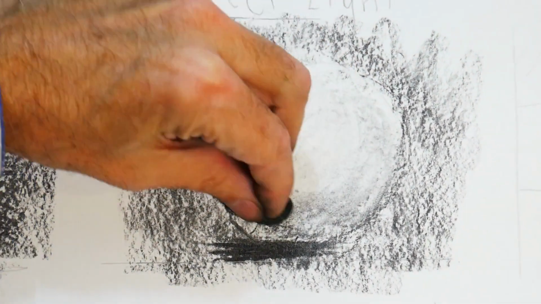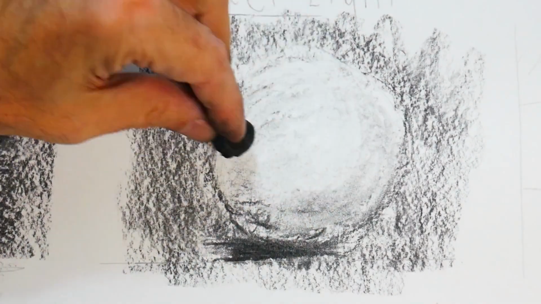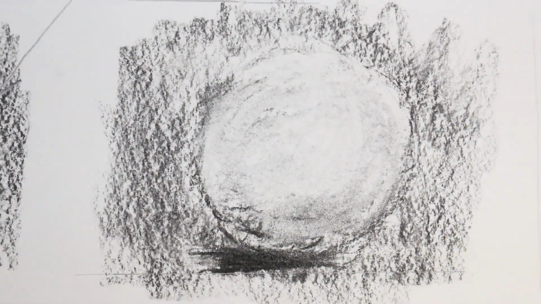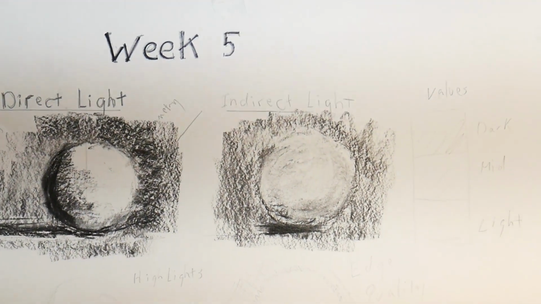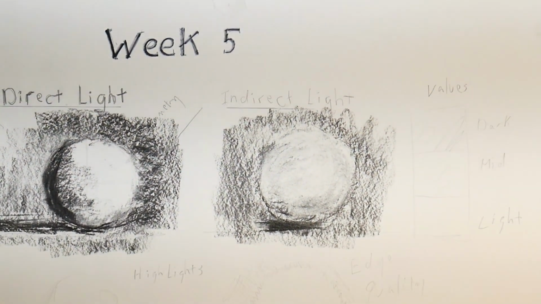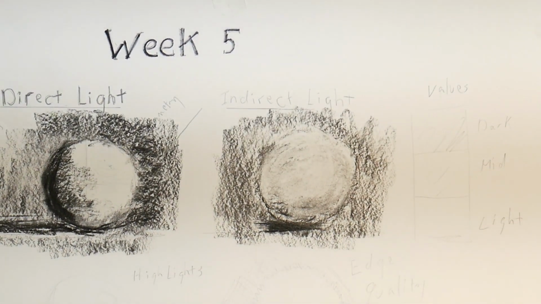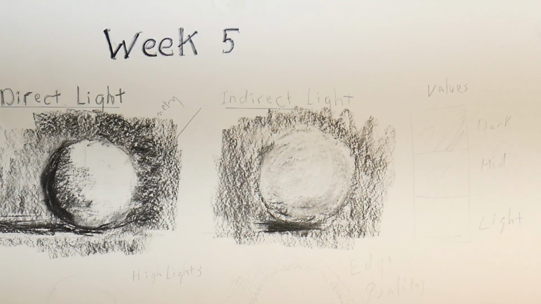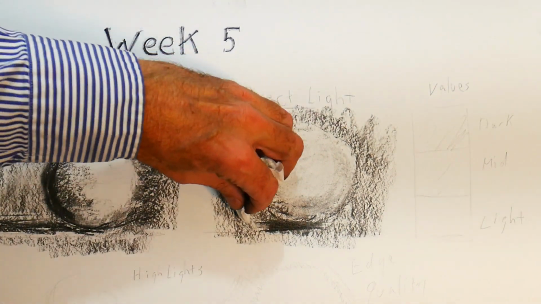Still a little reflection on the bottom of this thing. Let's see what that looks like. Yeah, it kind of looks like a ball with a little bit of a shadow underneath. I think that on some level, it's almost a little too much shadow under there, even though definitely there is.